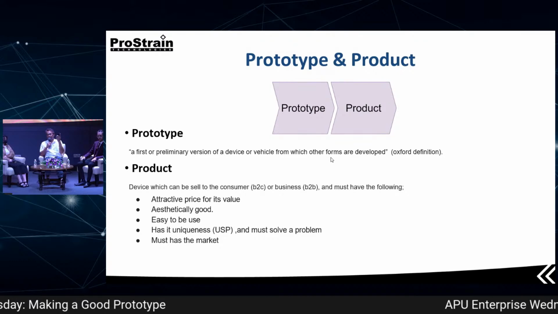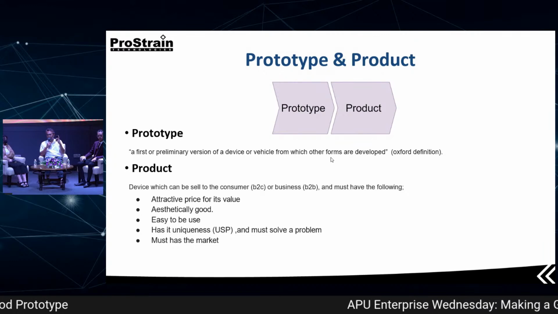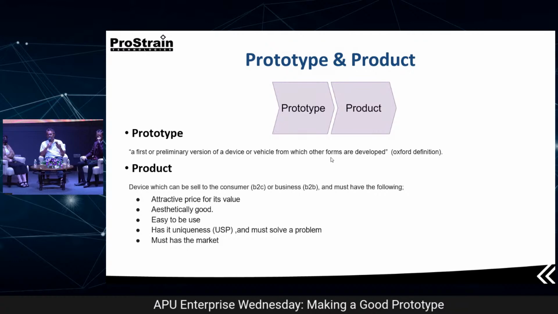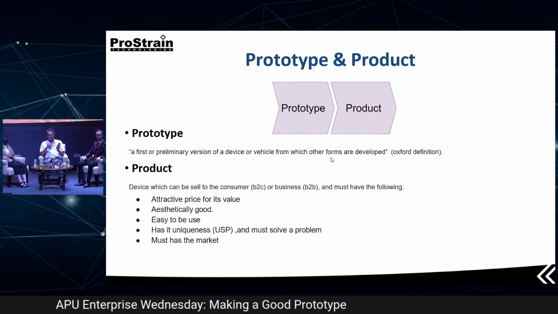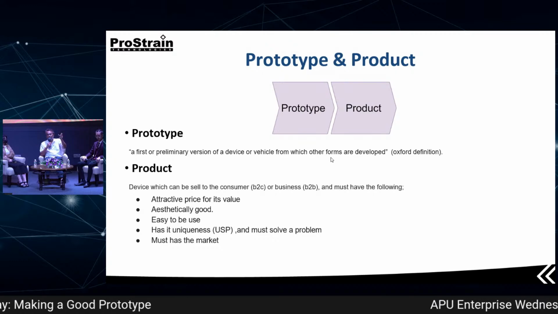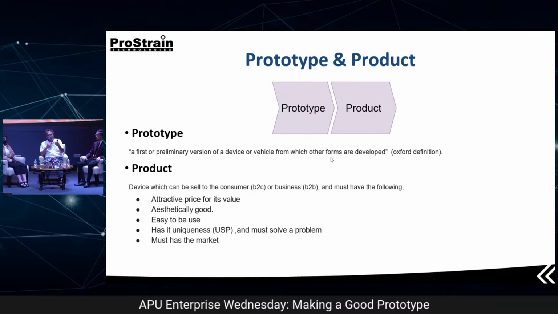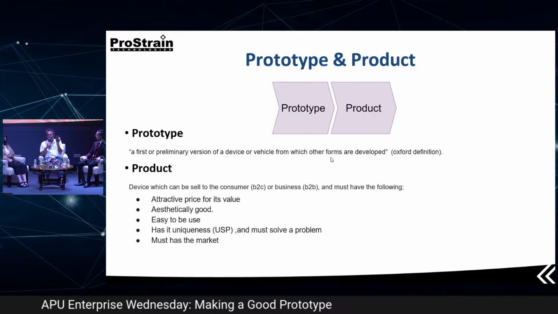If a prototype has to become a product, then the product has to fulfill certain criteria. First, it has to be attractive. The phone, even though it looks simple, has simplicity as an aesthetic: the curves, the corners, how you put the cameras, the colors and everything.